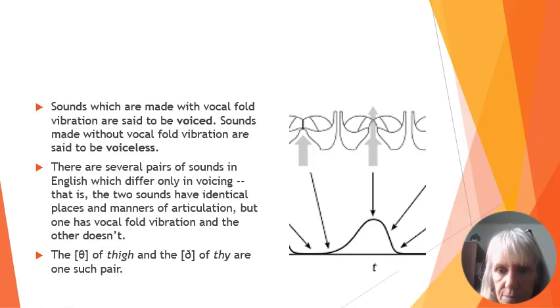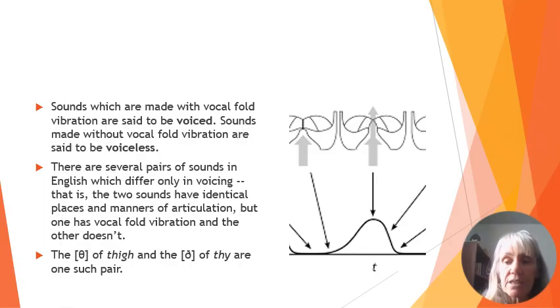So there's a picture. Sounds which are made with vocal fold vibrations are said to be voiced. Sounds made without vocal fold vibration are said to be voiceless. There are several pairs of sounds in English which differ only in their voicing.